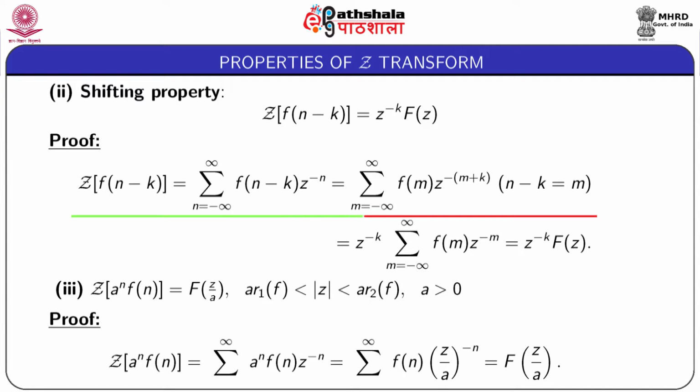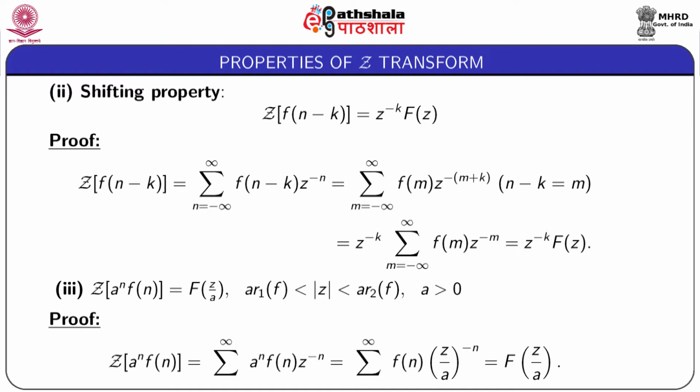If we substitute m as n minus k, then this becomes equal to summation m equal to minus infinity to plus infinity fm z to the power minus m plus k, and this is equal to z to the power minus k summation m equal to minus infinity to plus infinity fm z to the power minus m, and this summation is the Z transform of small fm, so that we can write it as z to the power minus k capital Fz. So, the shifting property is proved.